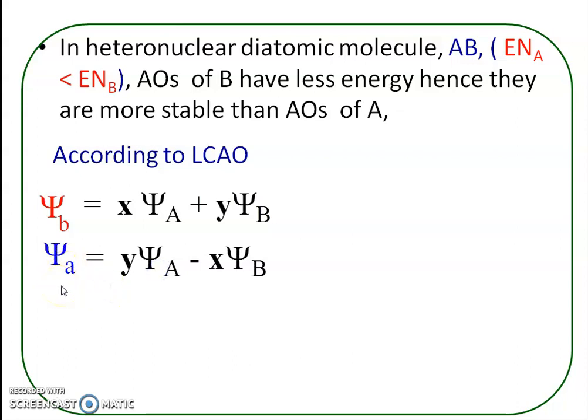For the antibonding molecular orbital, the expression is psi a, that is the wave function of the antibonding molecular orbital, equal to y into psi A minus x into psi B. This relation again makes clear that the atomic orbitals of B have less contribution in the antibonding molecular orbital, whereas the atomic orbitals of A, the less electronegative atom, have greater contribution in the antibonding molecular orbital.